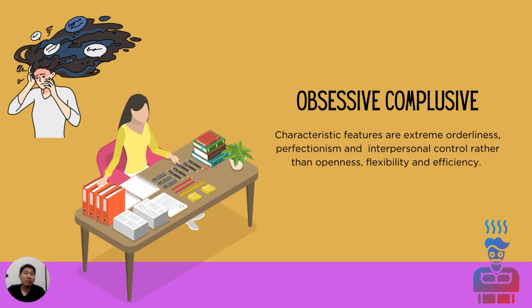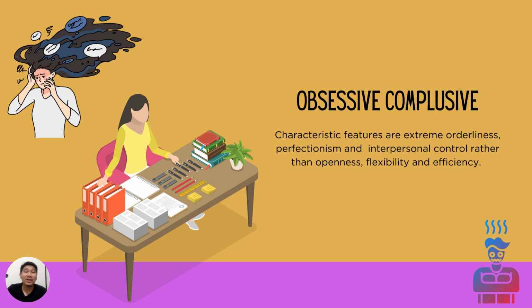So next, we have the obsessive-compulsive type. The characteristic features of this are extreme orderliness, perfectionism, and interpersonal control rather than openness, flexibility, and efficiency. So this is different from obsessive compulsive disorder, which is characterized by intrusive thoughts that then compel a person to engage in behavior to relieve feelings of distress and anxiety.